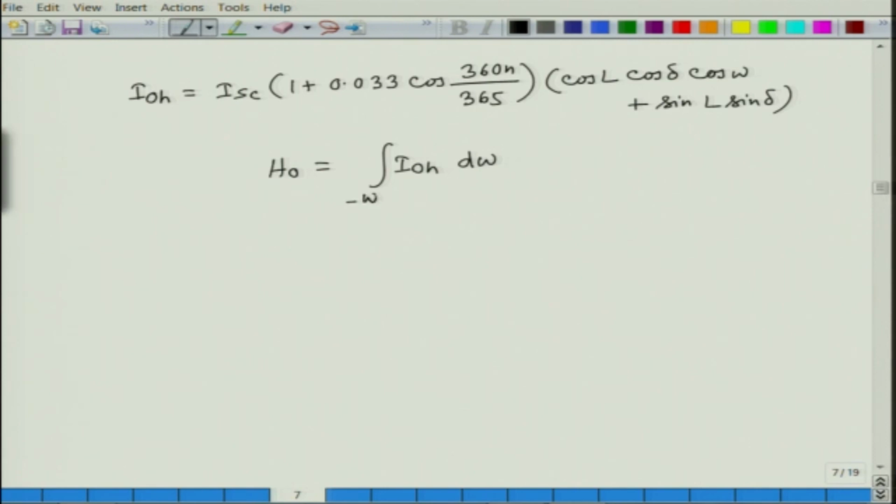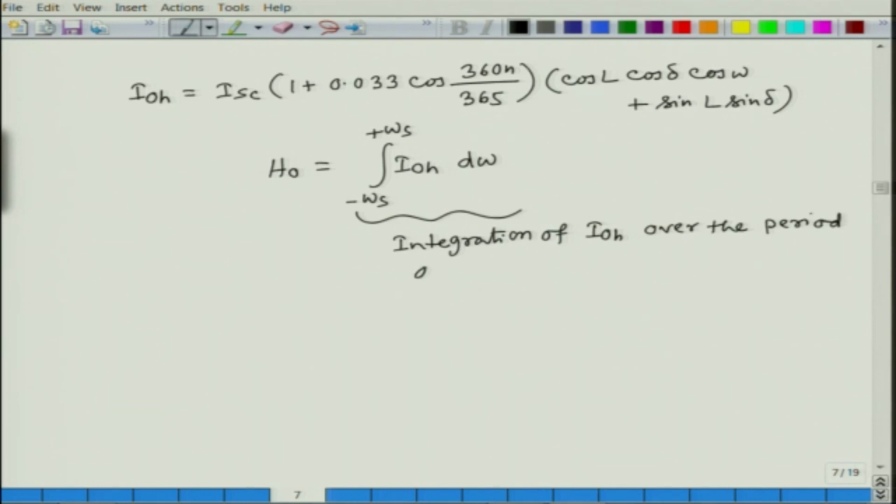Okay. So, this is nothing but the integration of IOH over the period of availability of the sunshine.